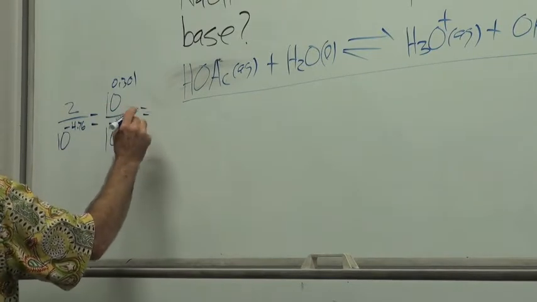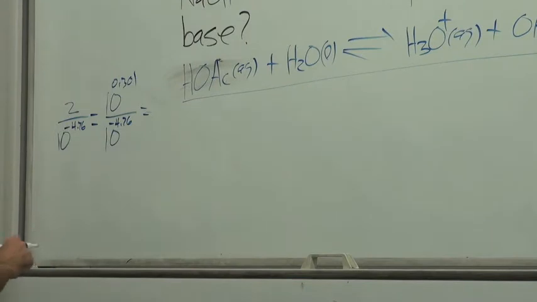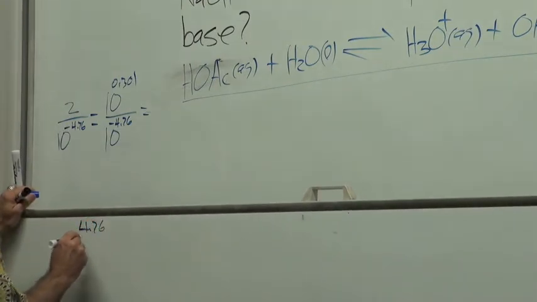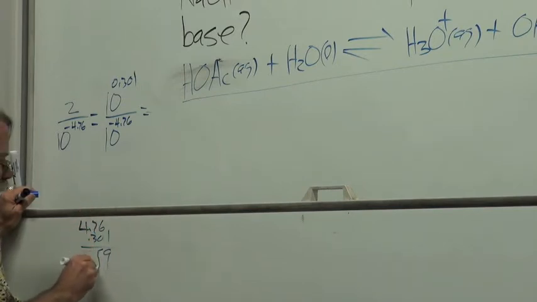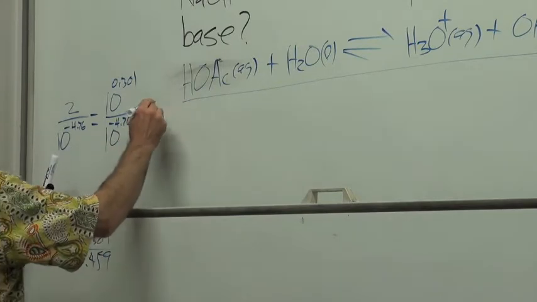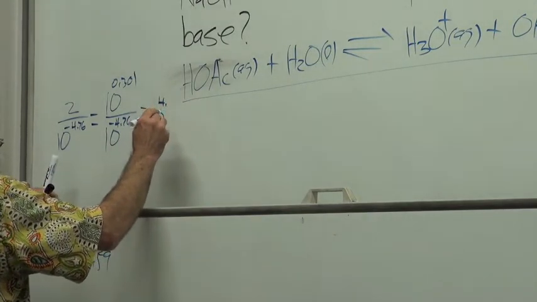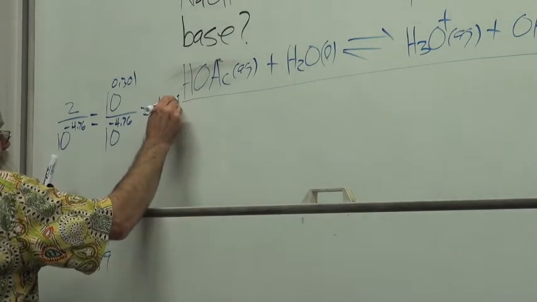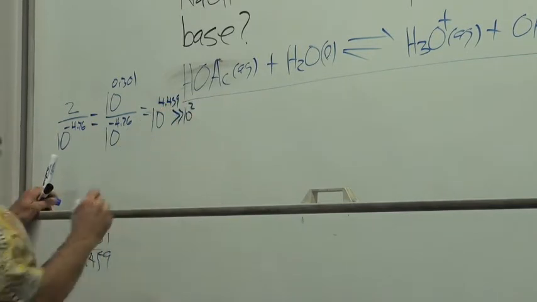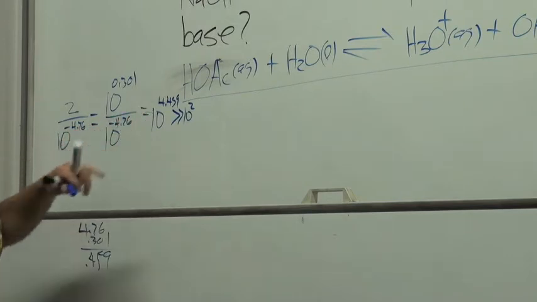And that is equal to, okay, over on my scratch paper, 4.76 and 0.301. Okay, that's a 9, that's a 5, and that was going to be a 4. Okay, equals 10 to the 4.459, which is much greater than 10 squared. So this is about 10,000.